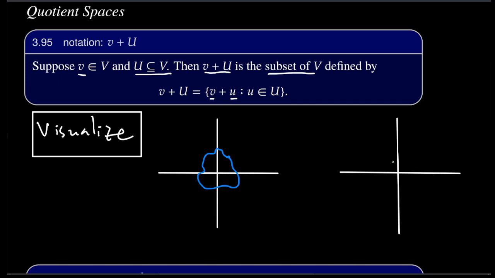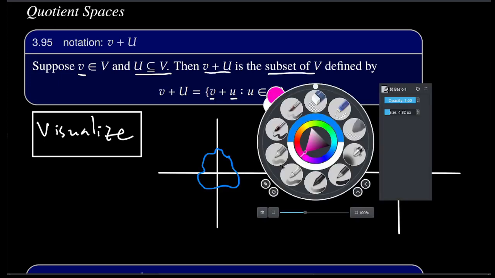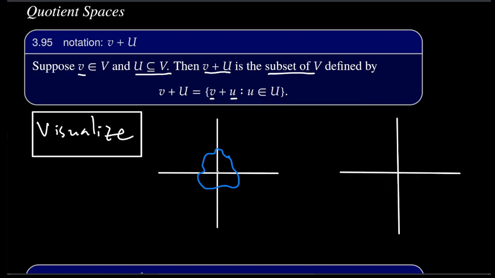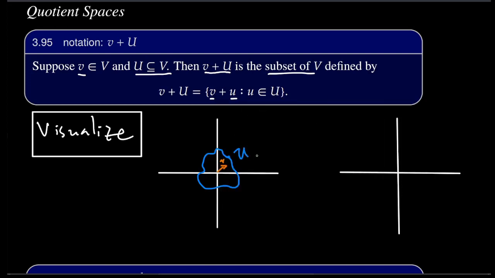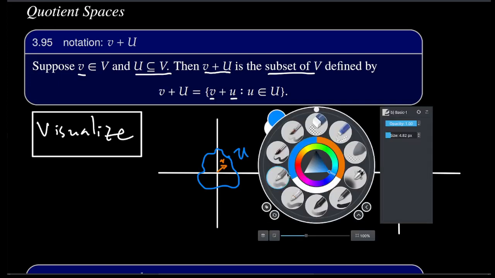Now I'll grab a little vector, say v right here, and this here will be my U. Now I just imagine moving everything in U by that v.